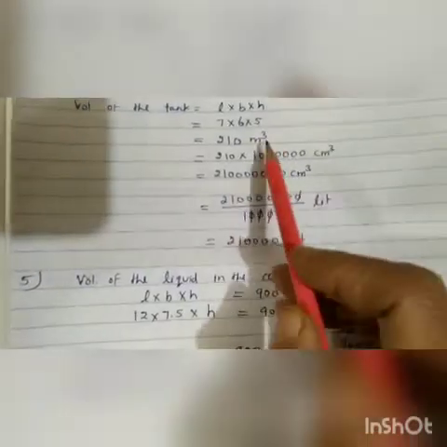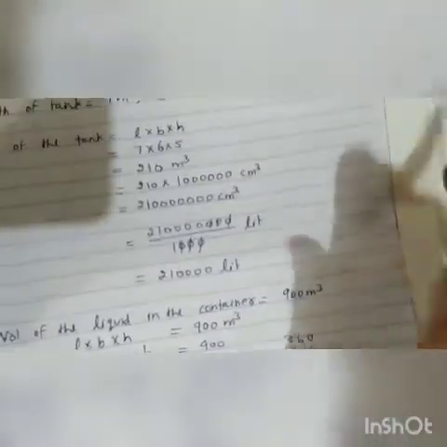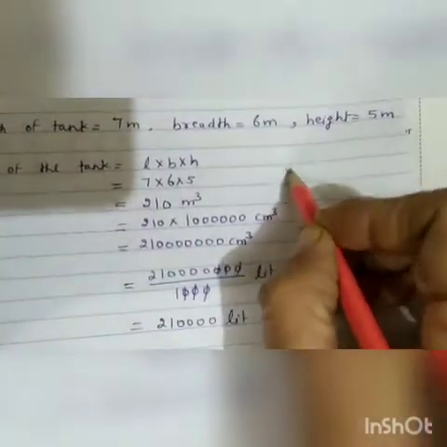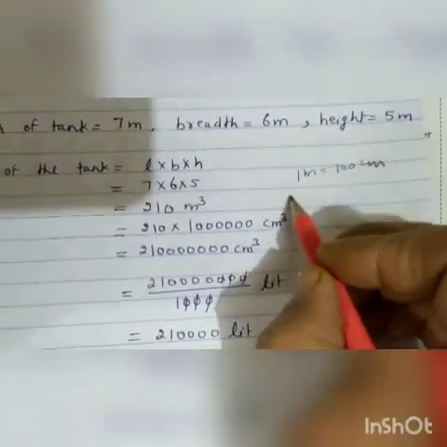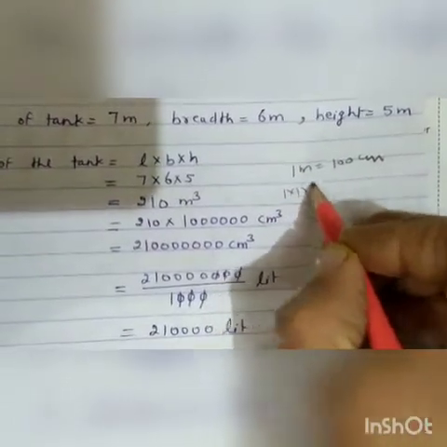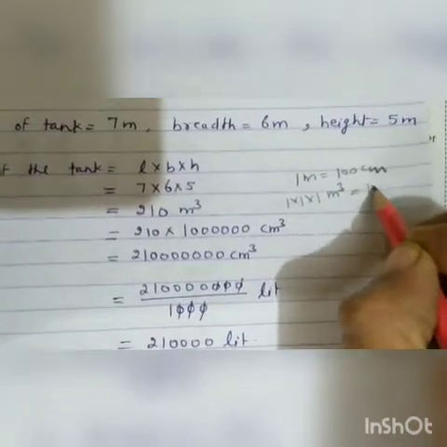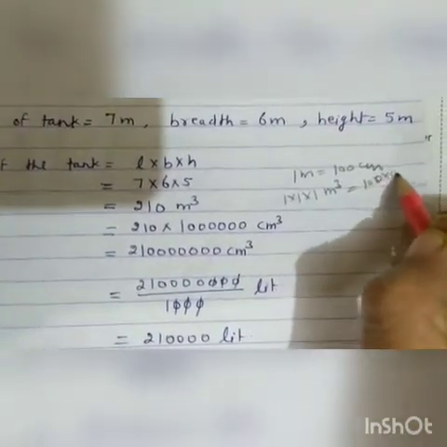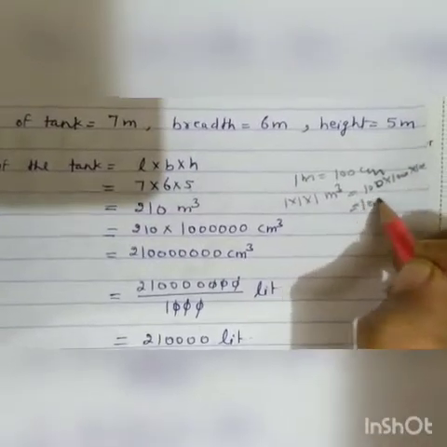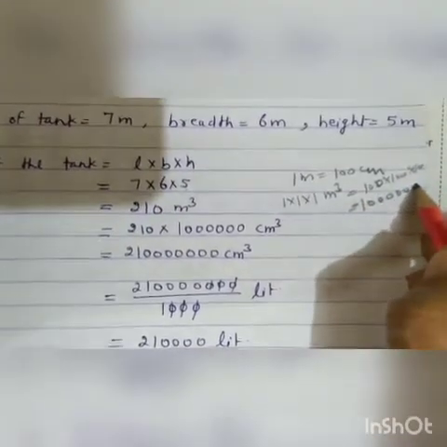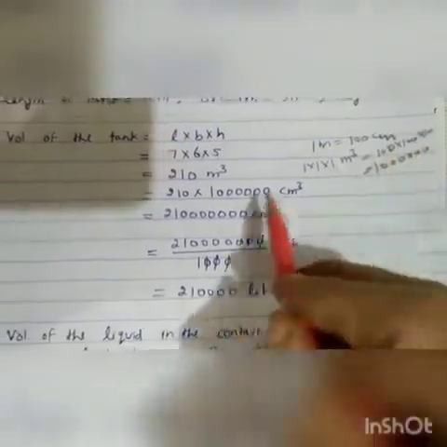Now first we will convert this cubic meter into cubic centimeter. Students, see how 1 meter is equal 100 centimeter. If we multiply this 1 3 times, 1 into 1 into 1, it will become cubic meter. In the same way, we will multiply 100 also 3 times. 100 into 100 into 100, it is 10 lakh cubic centimeter.